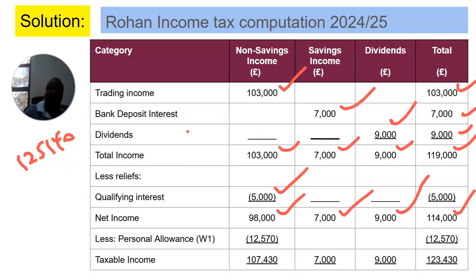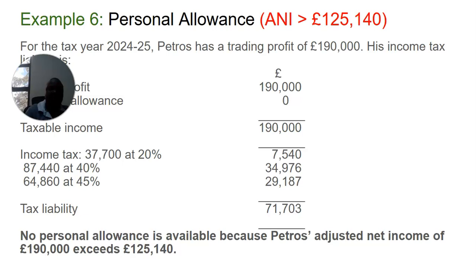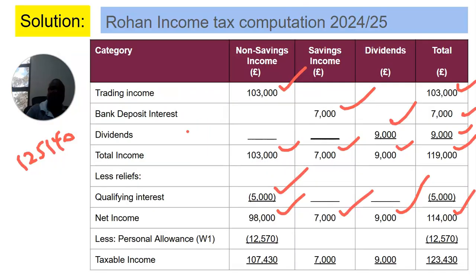I normally forget. Sorry for that. Just want to see the upper margin. Yeah. All right. So I'm right. It's 125,140. Okay. So that's the figure I wanted to verify. Good. So that's the boundary for higher rate taxpayers.